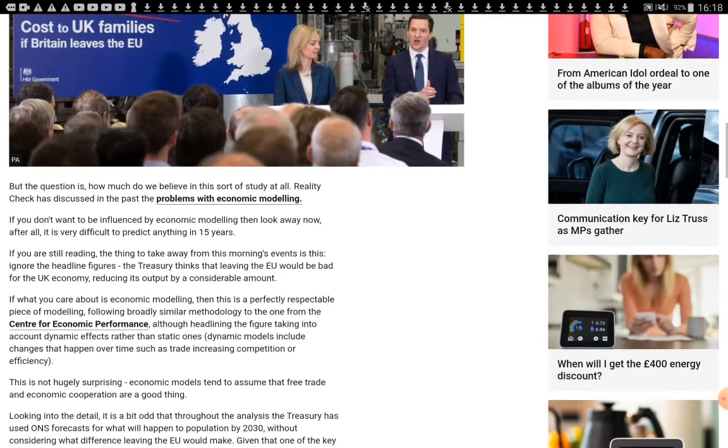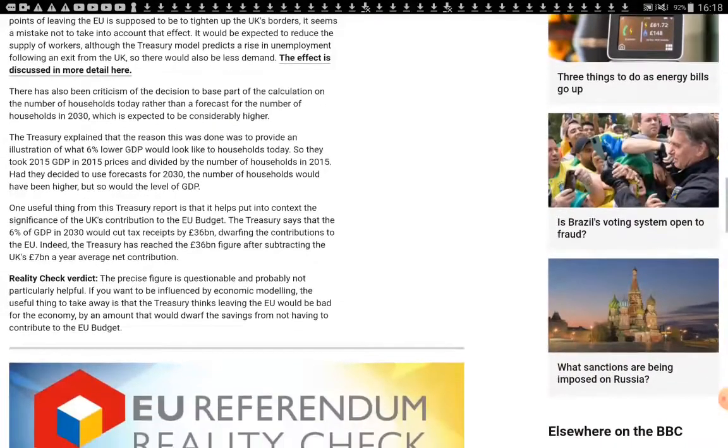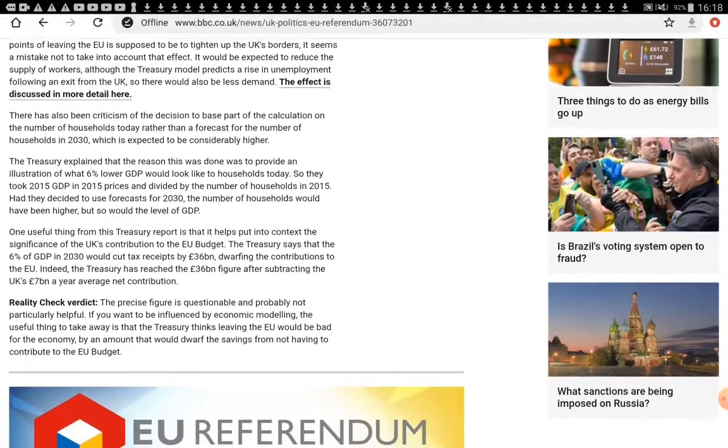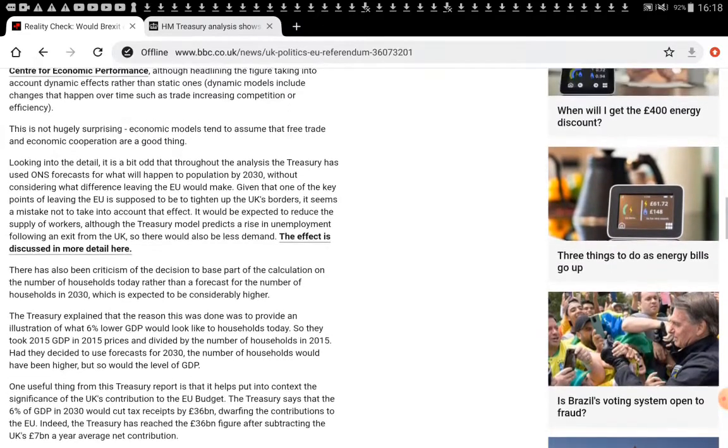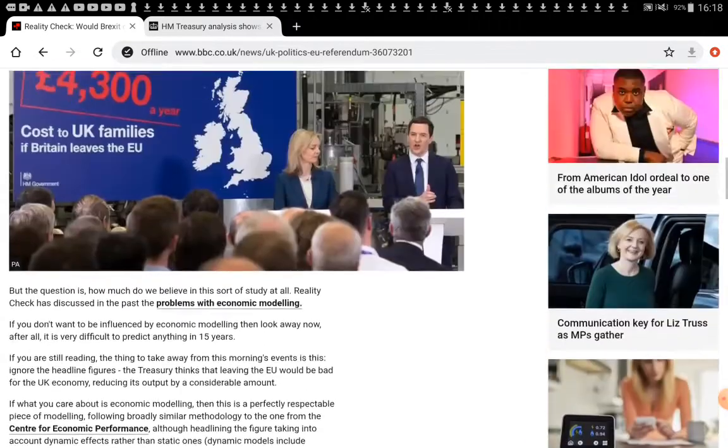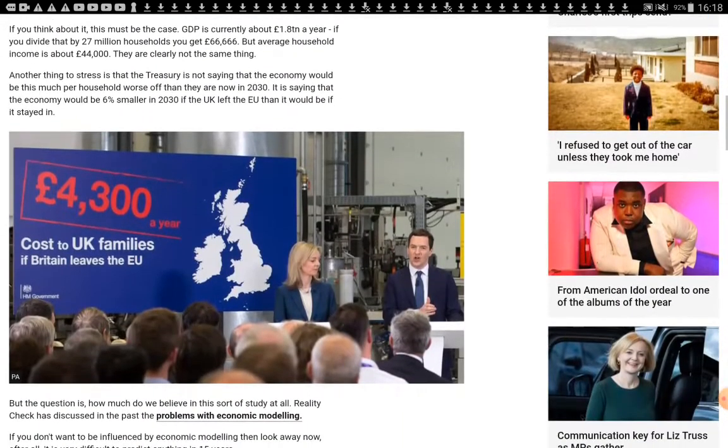So it's worth pointing out that this BBC Reality Check is quite good, because they do point out somewhere further down that the number of households assumed was based on what they were in 2015 rather than what they would be in 15 years' time. Now that's clearly naughty, because what they're looking at is what they think GDP would be in 15 years' time.